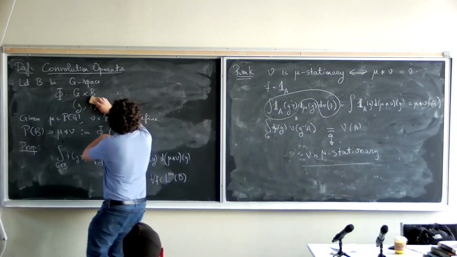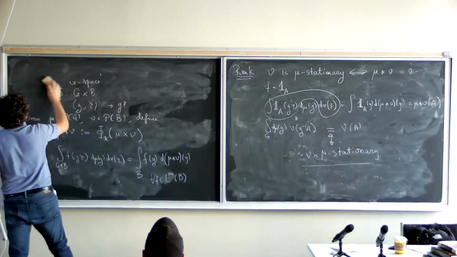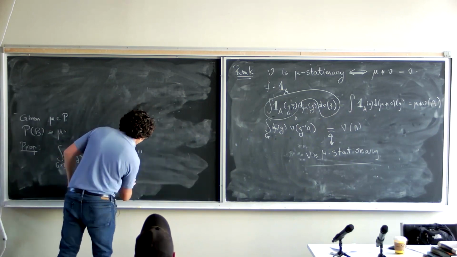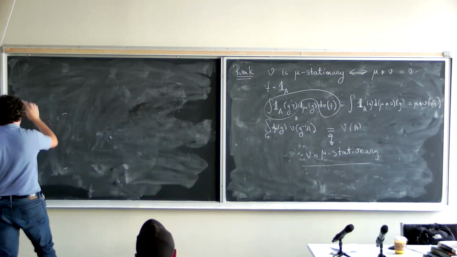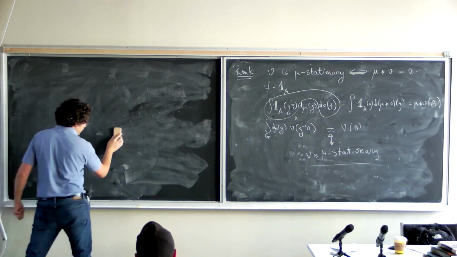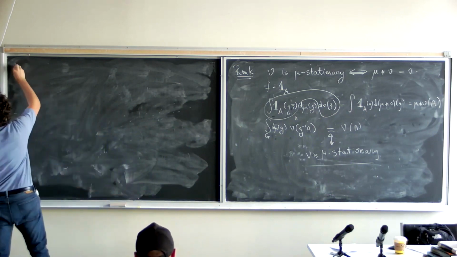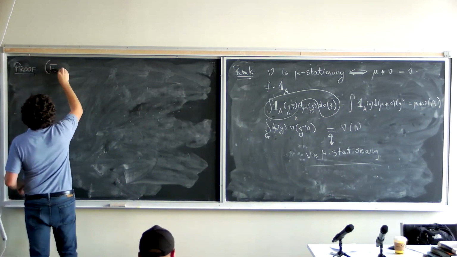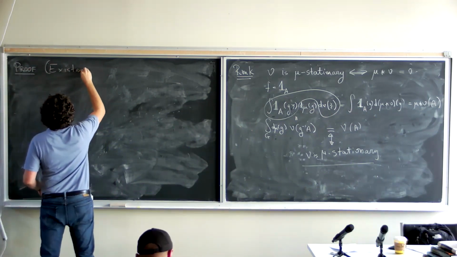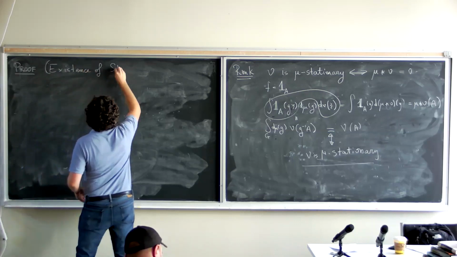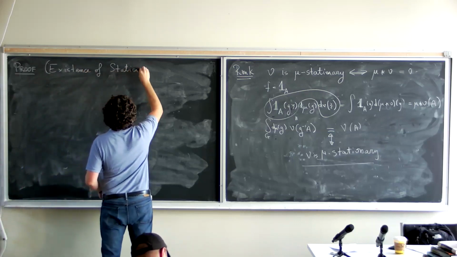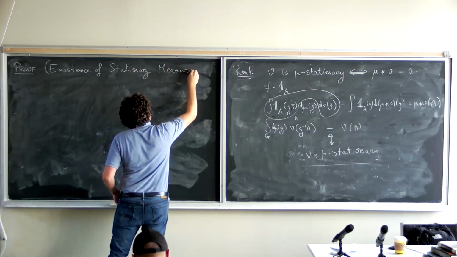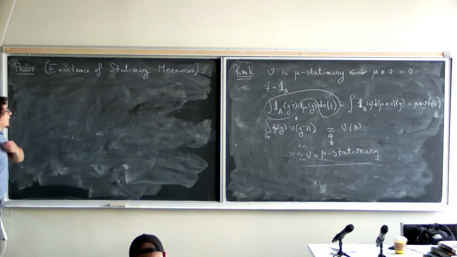Okay, so we actually have time to give the proof of the lemma, which is a well-known technique. So the proof of existence of stationary measures is, in fact, a classical fixed point theorem.